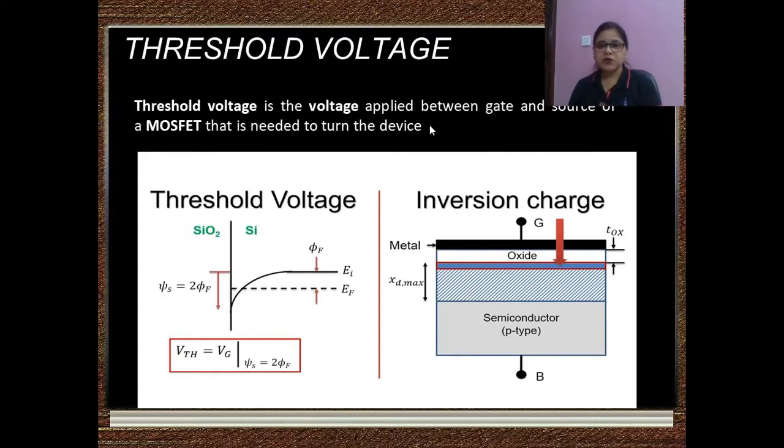Why so? Because this is the minimum voltage to get the device on. If the level of this threshold voltage is high, it means the device will turn on at a higher voltage, and if the device turns on at a higher voltage, it means it will consume more power. So this is of very big importance, and this is the first design parameter, we can say, of the MOSFET device. So we will continue with the derivation now.